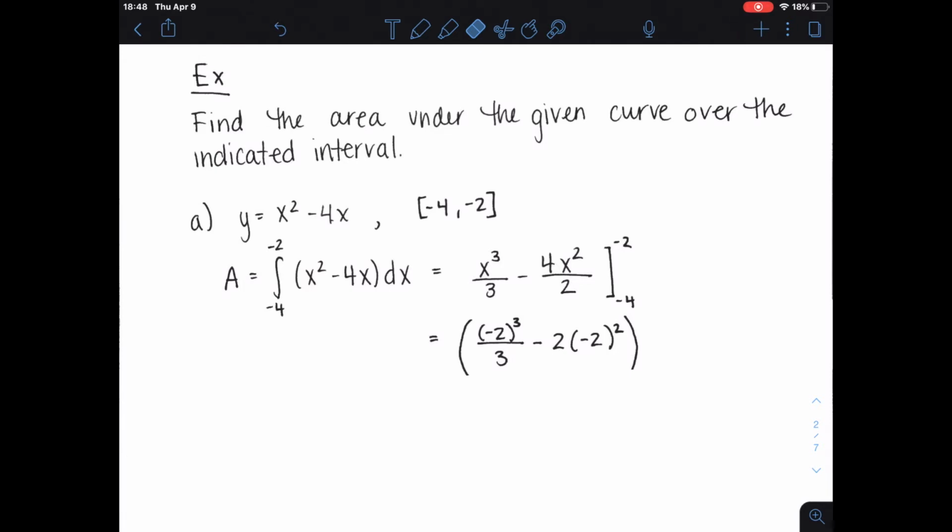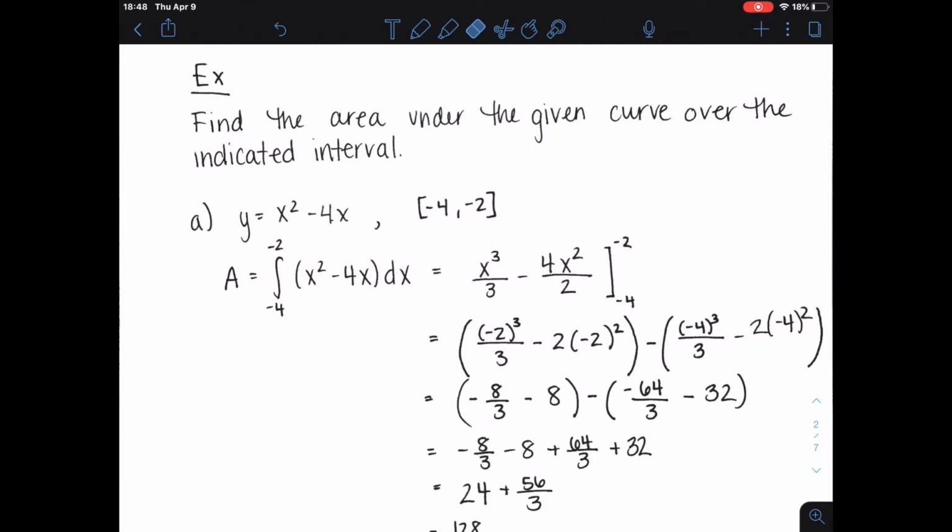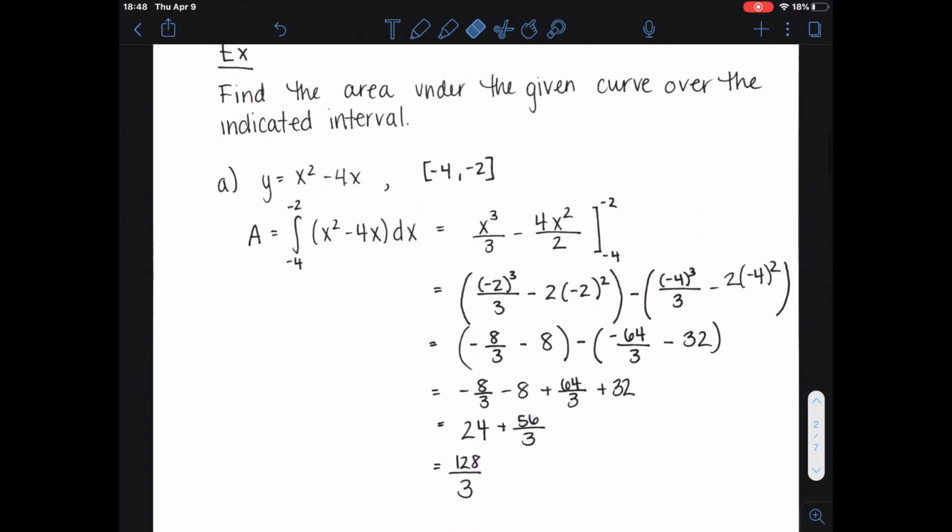So all the x's get replaced by -2. Subtract, plugging in the lower limit. So from this point on, it's really just a bunch of plug and chug and algebra. If you go through this whole simplification, you're going to find out that the area underneath this curve from -4 to -2 is 128 over 3.